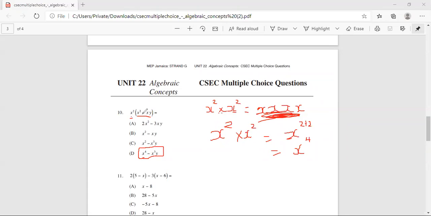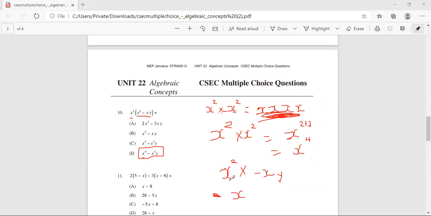Right? Then we say x squared now times this here. So x squared multiplied by negative xy. We have a positive here and a negative, so we know the answer has got to be negative. And we're multiplying the x's, everything coming together.